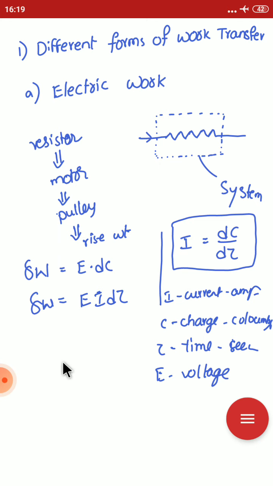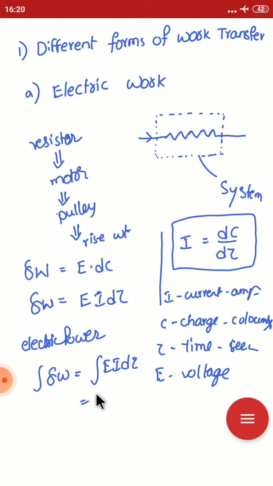The electric power will be the integral of dou W, the integral of E into I d tau.